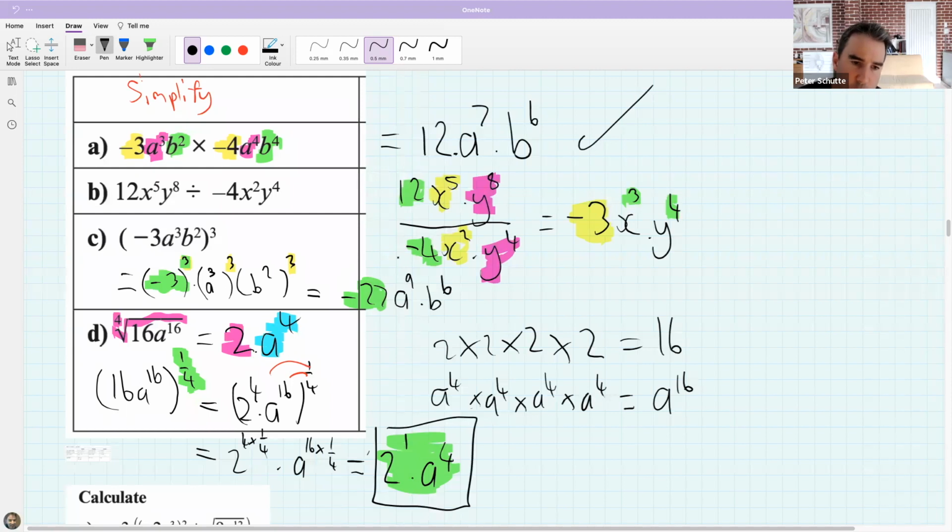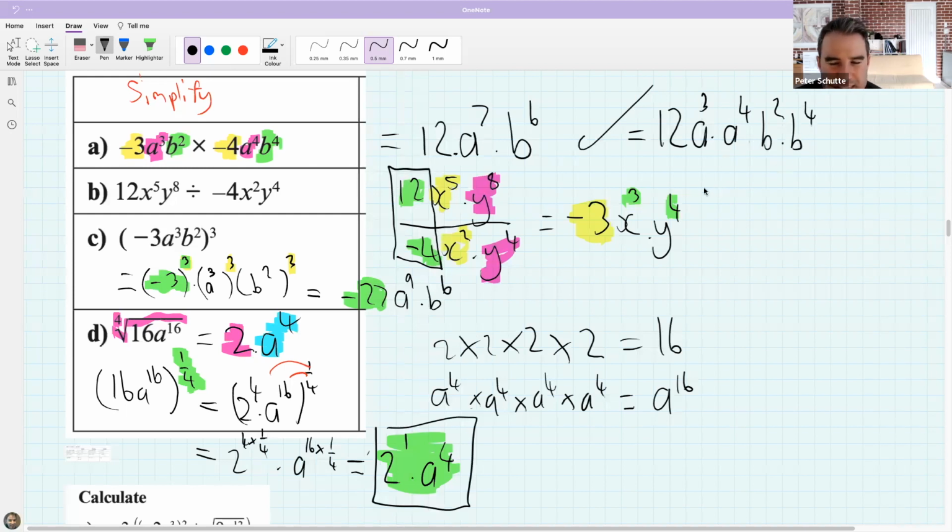Okay, so are you worried about the coefficients? Letter A. Oh, in the first one. Okay. So -3 times -4 is 12. But now imagine if you wrote these next to each other. Oh, wait. Because it's multiplication, I can rewrite this so it's like this.